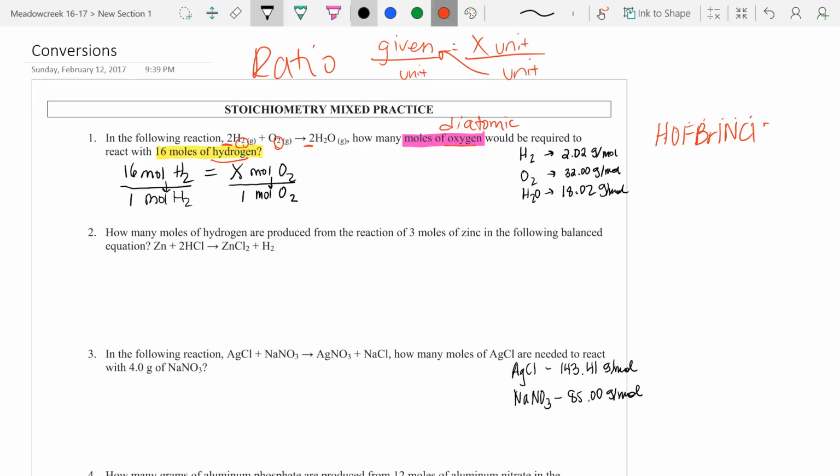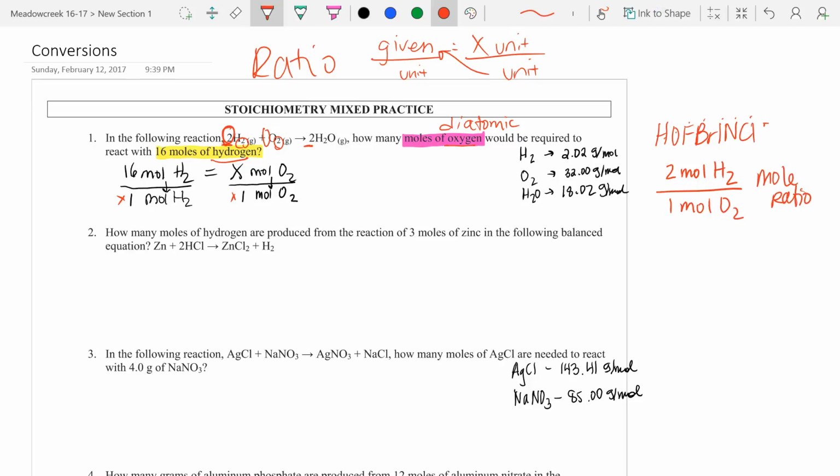Okay, and we're going to multiply in order to keep our ratio the same by the mole ratio from our balanced chemical equation. If I look at hydrogen, I see a 2 here in front of hydrogen. That tells me that I have 2 moles of H2 for every 1 mole of oxygen. That's my mole ratio that I'm looking for.